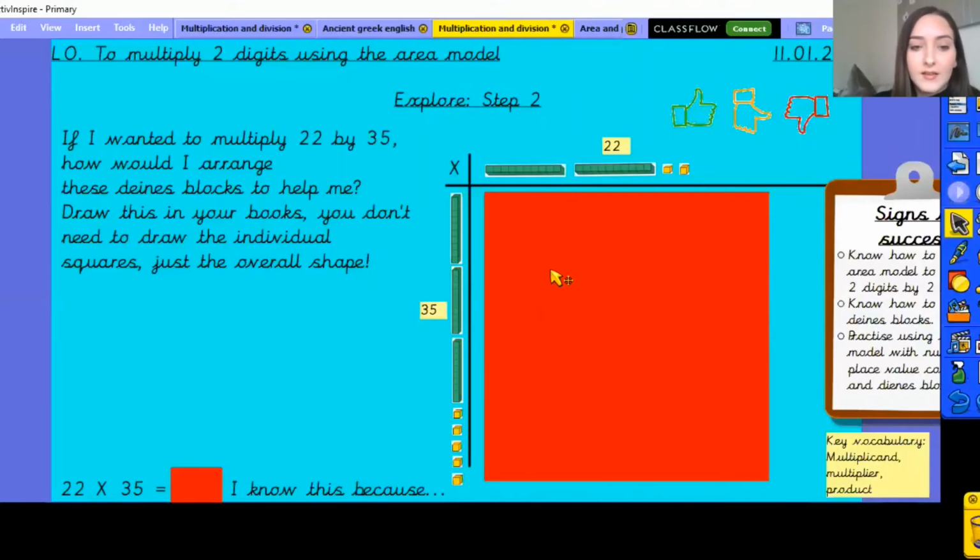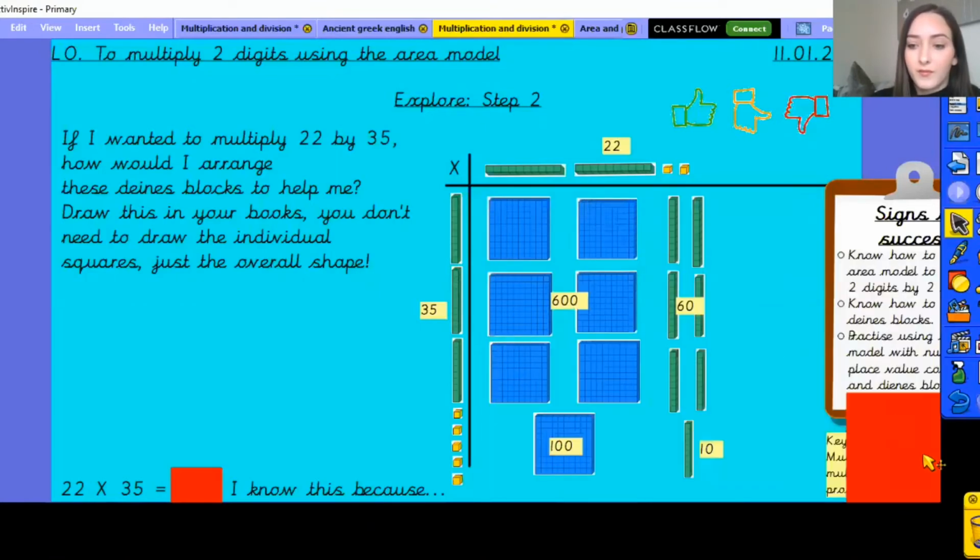Okay, now let's have a look at how we work out the answer. So here is what it should look like. And we do this by breaking down the multiplications. So firstly, I've got 600 here because I've multiplied 30 by 20. So I've done that part of the multiplication.